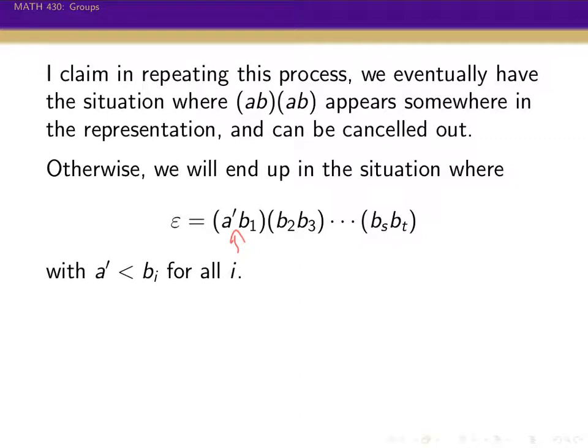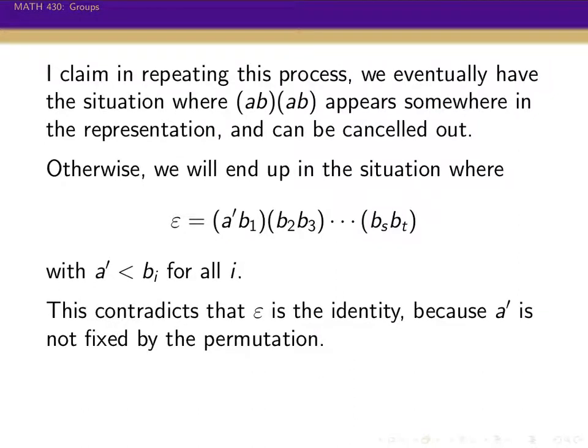Okay, so I claim this gives us a contradiction, because if we apply A prime to this permutation, you're going to end up with B1, because A prime can't appear anywhere else. It is strictly less than all of the other Bi's. And so the only one of these 2-cycles that affects A prime is the first one. And so A prime gets sent to B1, and B1 is not equal to A prime. So A prime is not fixed.